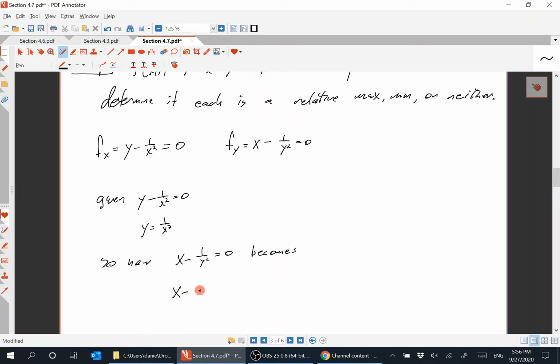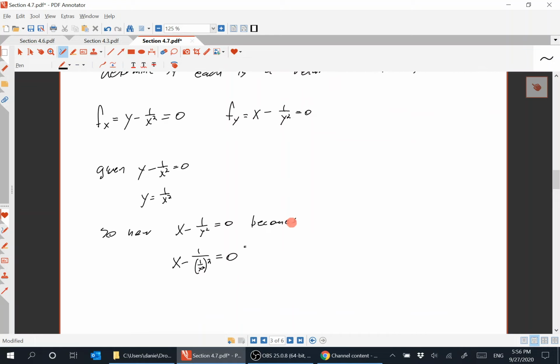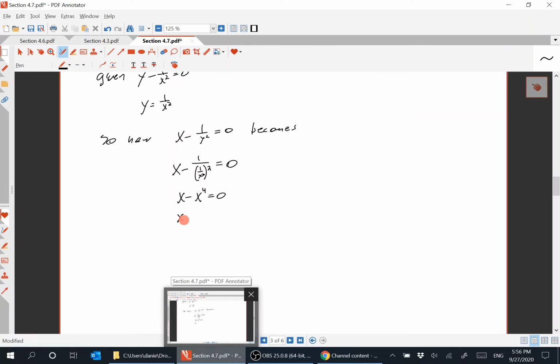So this is x minus 1 over x squared squared. So I took the first equation. The first equation tells me y is equal to 1 over x squared. So then I took this y and stuck it in there. And I get x minus 1 over x to the 4th is 0, so this is x minus x to the 4th is 0. So I have x times 1 minus x to the third is 0.